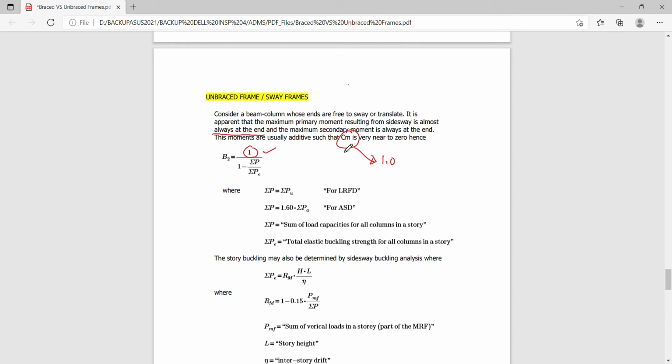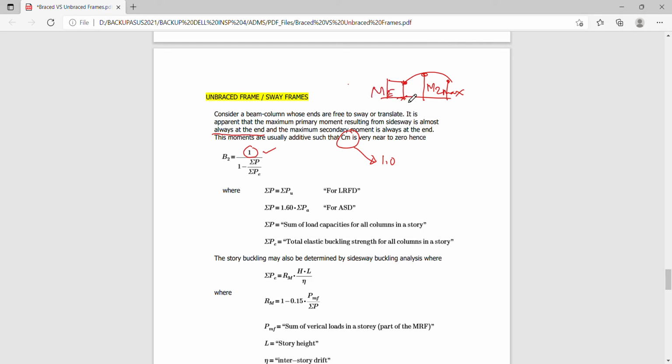Okay, so remember that the derivation of Cm is based on the assumption that the maximum moment always lies at the middle and not at the ends. That's why the derivation comes from the need to represent it by an equivalent moment.